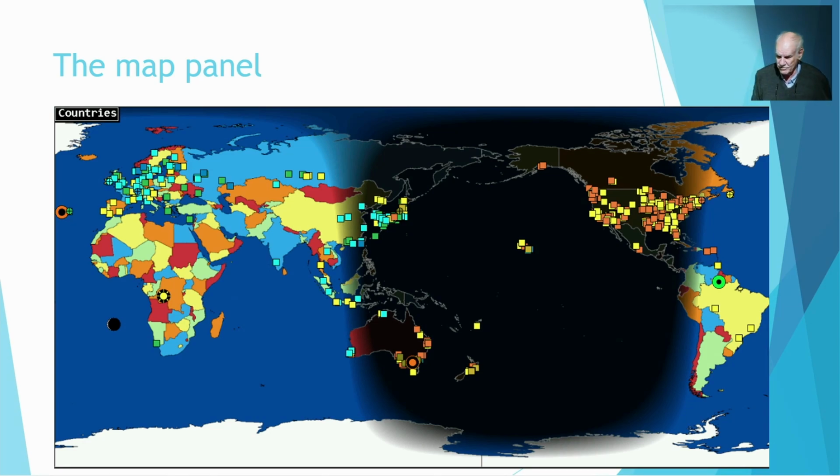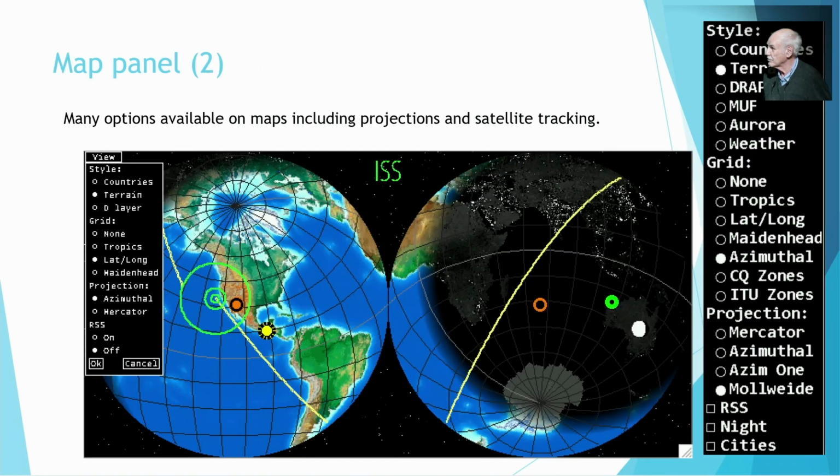Now, one of the most important panels is the map panel. There's a hell of a lot of information on here, and you can change it. There's many, many different maps. You can have political maps, geographical maps, topological maps, and you can even show satellite passes and all sorts of stuff.